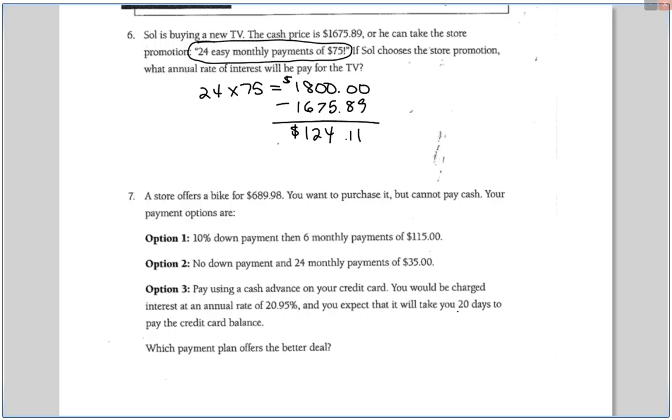24 months. So when you go to your I equals PRT formula, what is the value for each variable? Okay? That's the hard part. P is the original price, so that would be 1675.